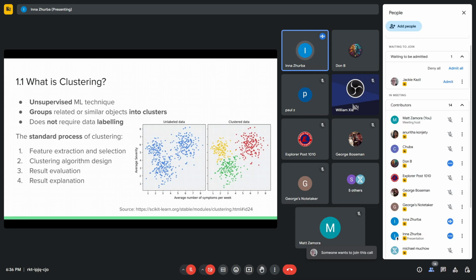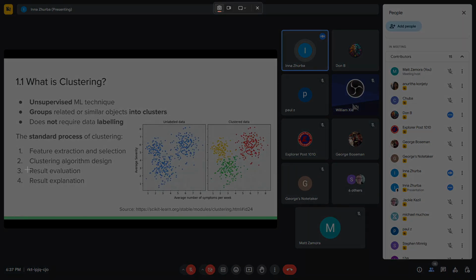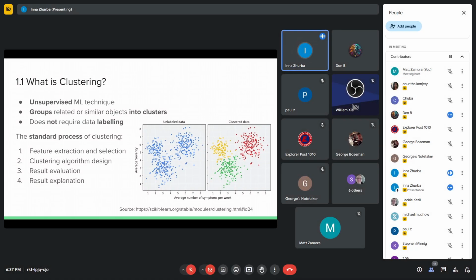The first one is to extract and select the most representative features from the original data set. Then we design the clustering algorithm, or select the most appropriate one according to the characteristics of the problem. We evaluate the result as our third step, and judge the validity of the algorithm. And finally, we do result explanation, meaning that we give a practical explanation for the clustering results that we receive.